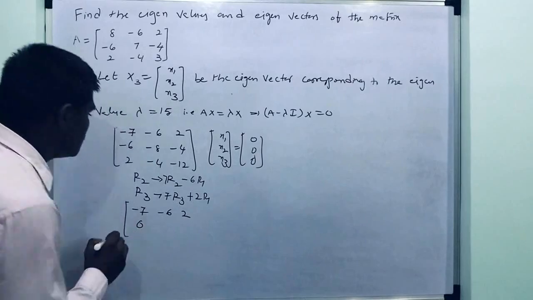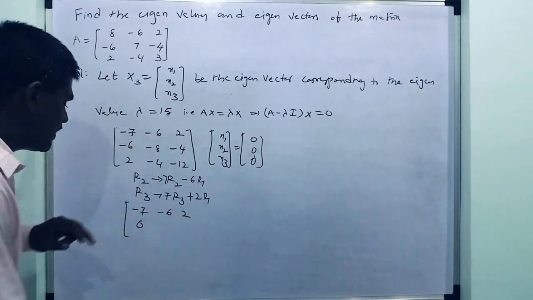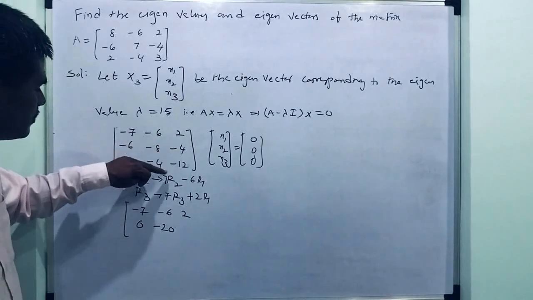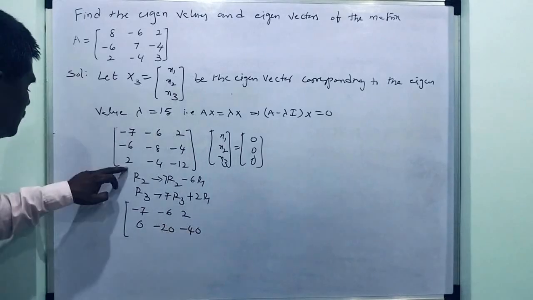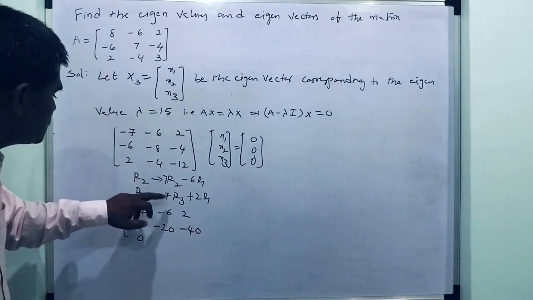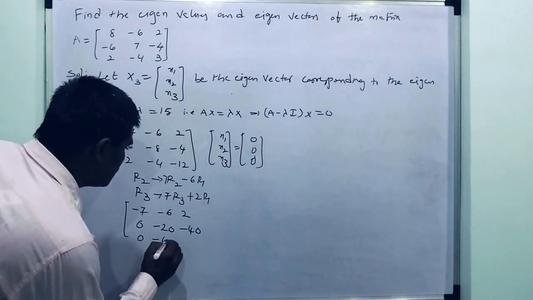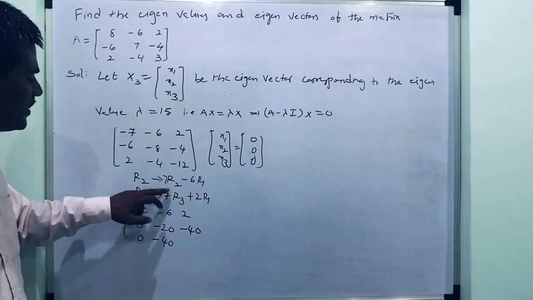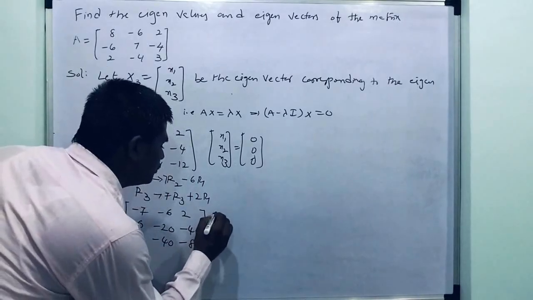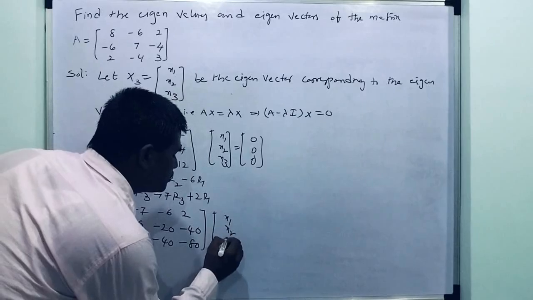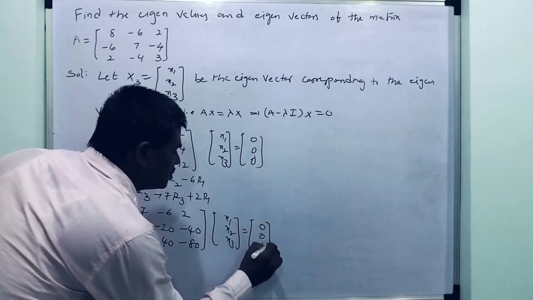So this becomes 0, minus 56 plus 36, which is minus 20. And minus 28 minus 12, minus 40. And this becomes 0, minus 28 minus 12, minus 40, 7 12s are minus 84 plus 4, minus 80, into x1, x2, x3 equal to 0, 0, 0.